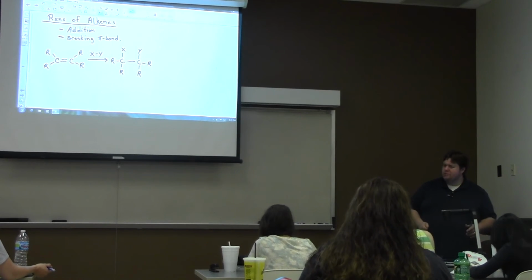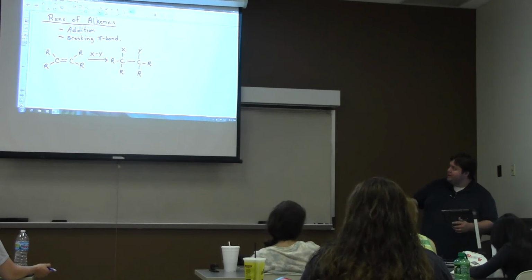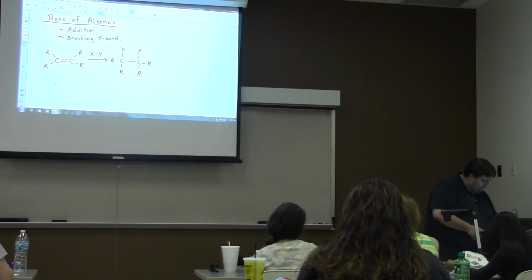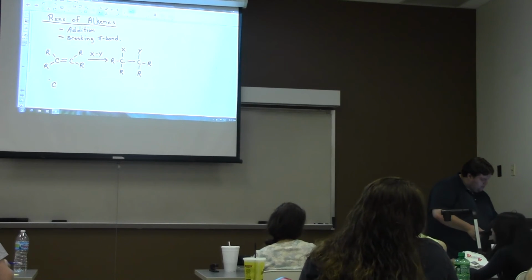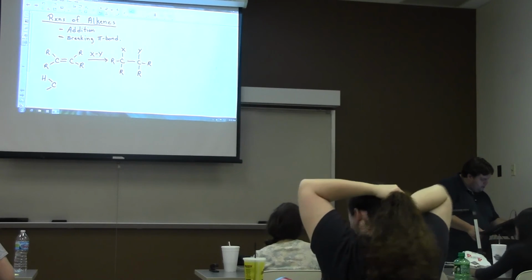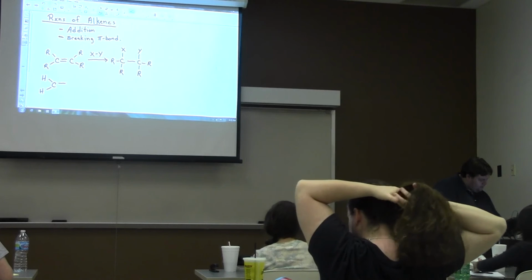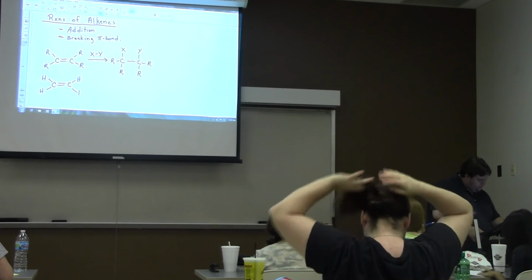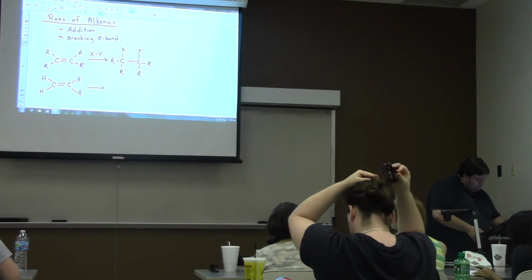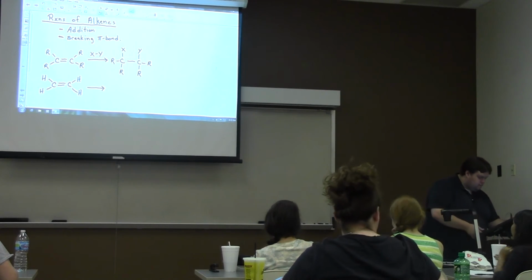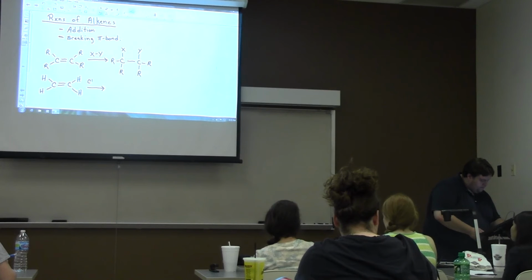Okay, we call it an addition reaction because we are adding that molecule across the double bond. Now I know it's kind of hard to put this into context by looking at a general compound like XY, so let's try looking at something a little bit more specific. Let's say I decide I'm going to take ethene, okay, and my choice for XY in this case would be chlorine gas, Cl2.